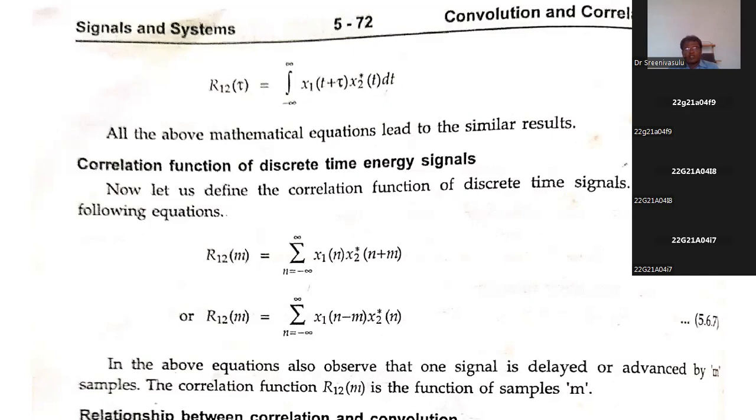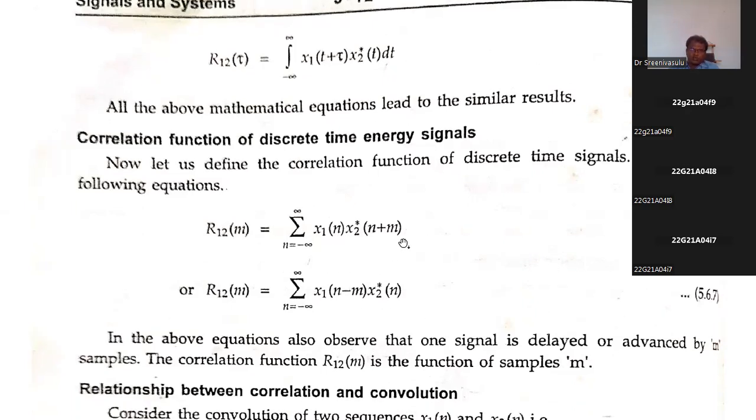And instead of integration, it is a summation. Here you observe this signal is fixed. The other signal is going to be shifted, whether it may be plus or minus. If the signals we are considering are complex signals, we write the complex conjugate.